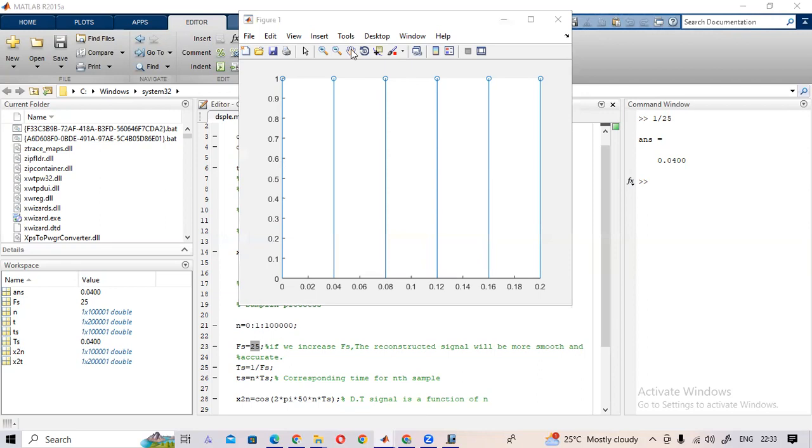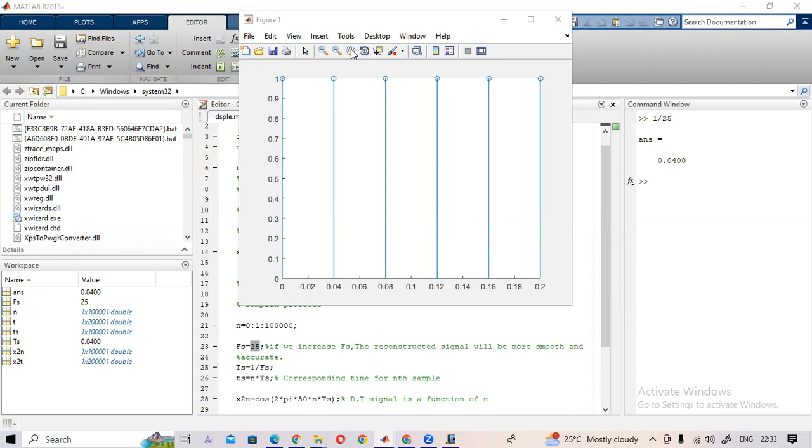Yes, that is correct. The time is 0.04 seconds. Now for a discrete time signal, we are normally not using time to measure the period. We are using the number of samples between two consecutive points, so it should be an integer value.